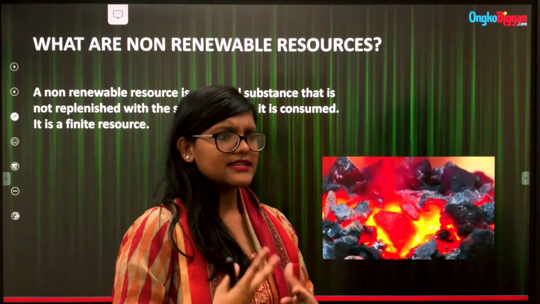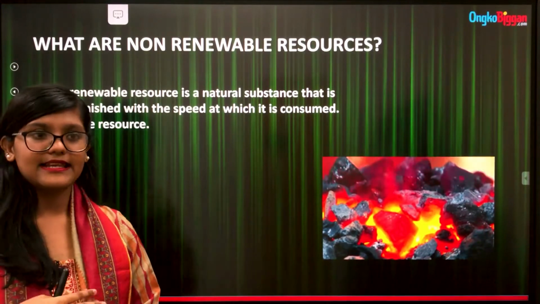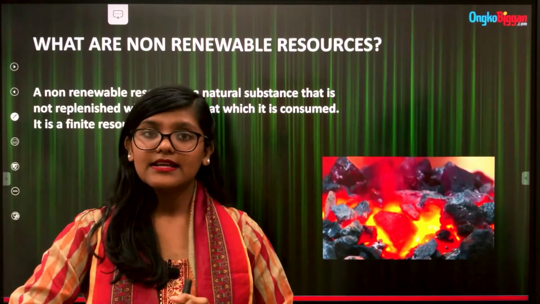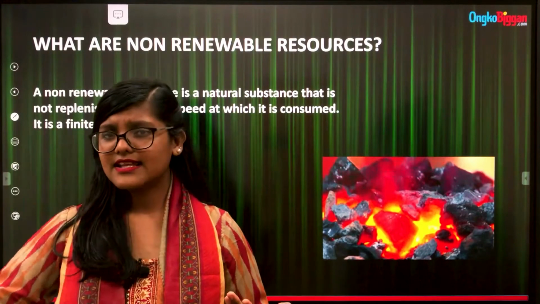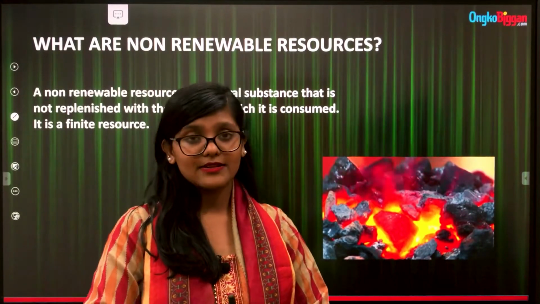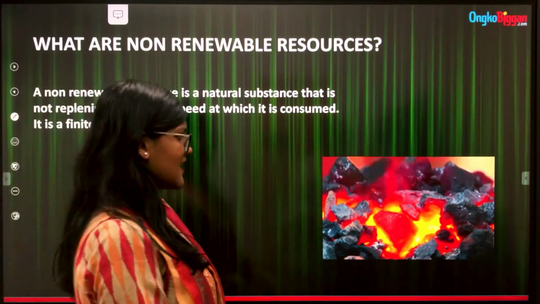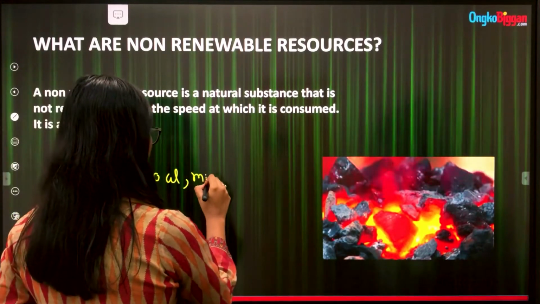There are some natural resources which can't be obtained again immediately after finishing a certain amount. Like we can get sunlight every day, but there are certain resources which can't be obtained daily, immediately at our need, like coal, mineral oil.